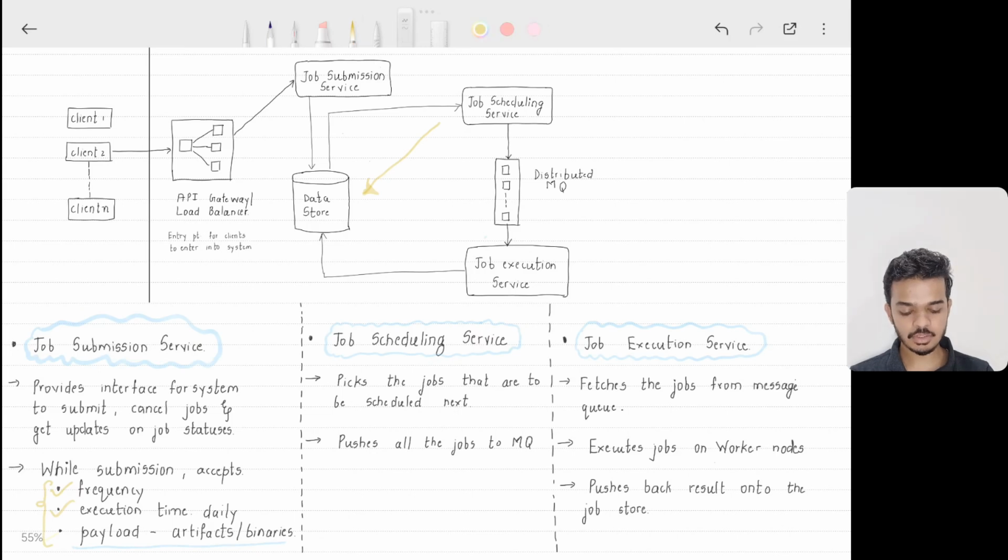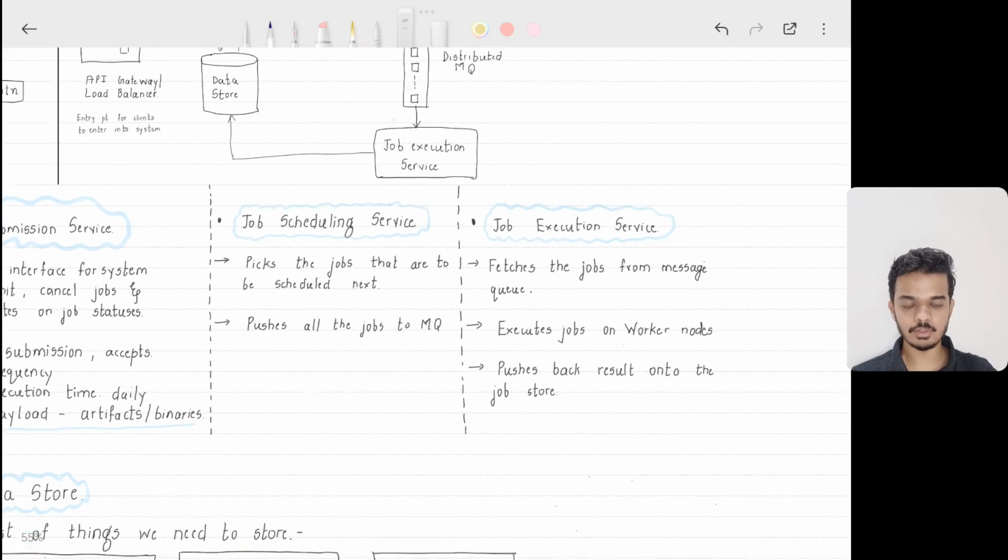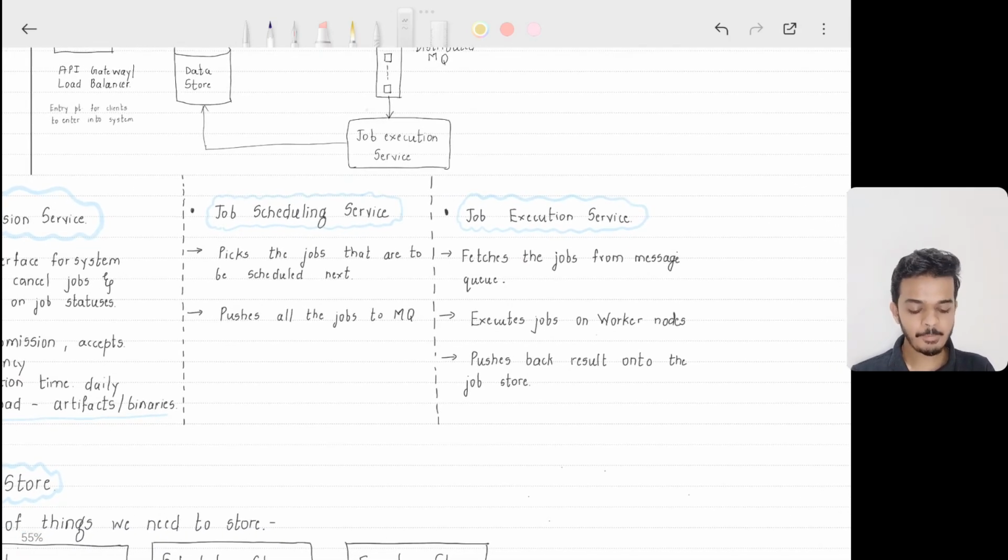Okay, this is what a job scheduling service would do. Next, whatever jobs it has picked, it will push all those jobs onto the distributed message queue. We have discussed why it will push them onto the message queue and why it will not directly give them to the job execution service. Okay, the third service is the job execution service.